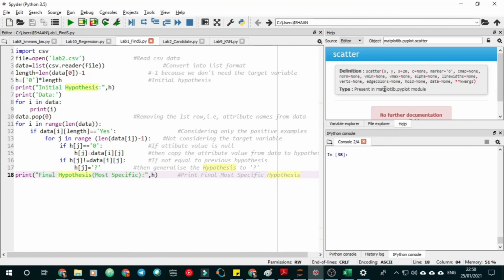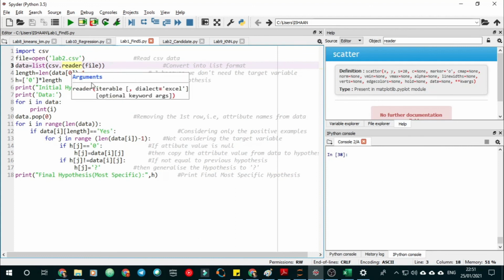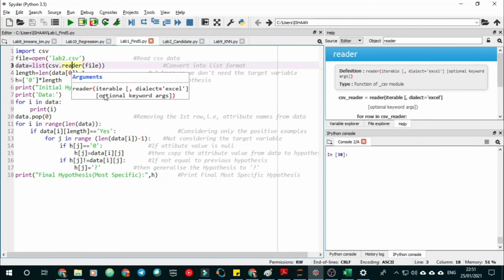And help is to get the documentation of any of the module or any of the method. If I don't know what the reader method is, I just need to click on reader, and then press Control I, and I got to know that here. Okay, I got to know what this reader is about.